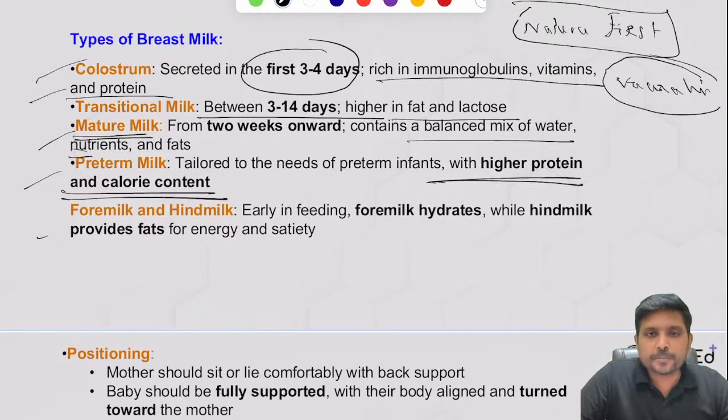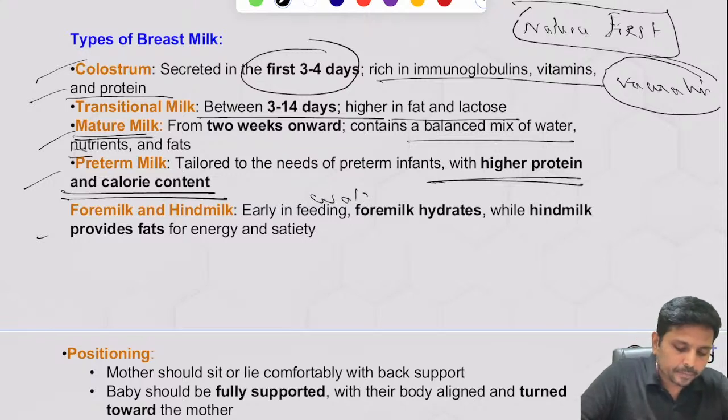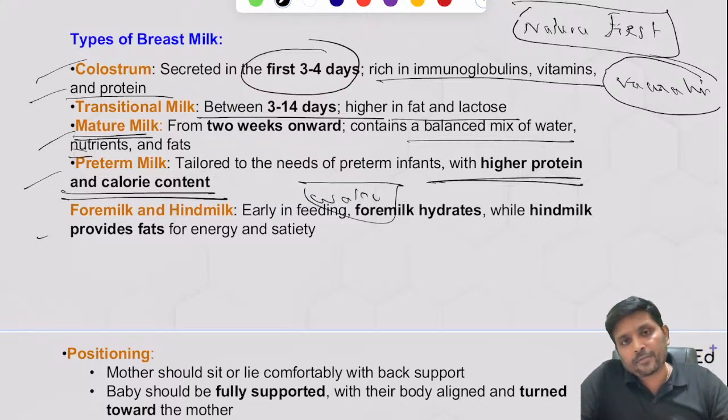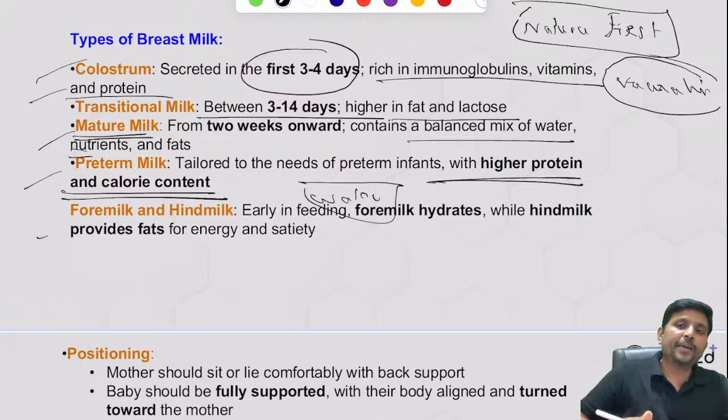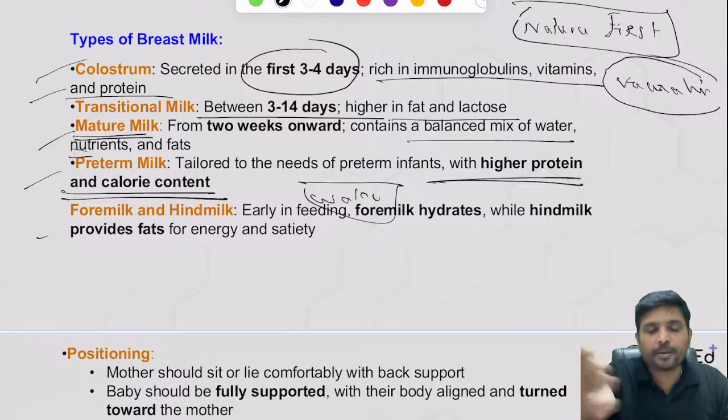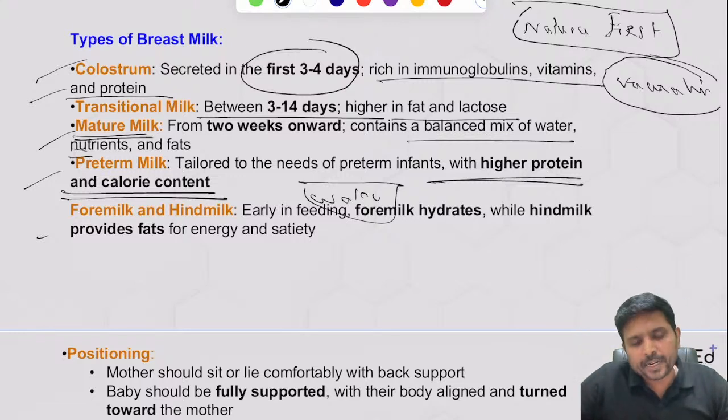Fore milk, the first part of the milk, contains only water, whereas the second part of the milk contains nutrition. When you give only fore milk, you will be satisfying the thirst but not the appetite, leading to poor weight gain in fore milk syndrome.